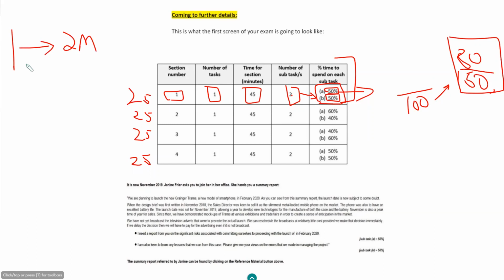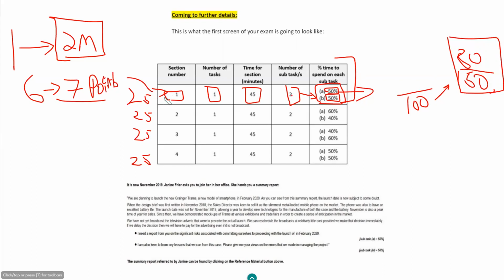So one well explained, detailed point gives you 2 marks. So if it's 12.5 marks per subtask, you roughly need to write 6 to 7 points for each task. So you will be writing 6 to 7 well explained, detailed points for task A. Same you will do for task B. So this is, like I like to call it, the hidden reason of why they give you these percentages.